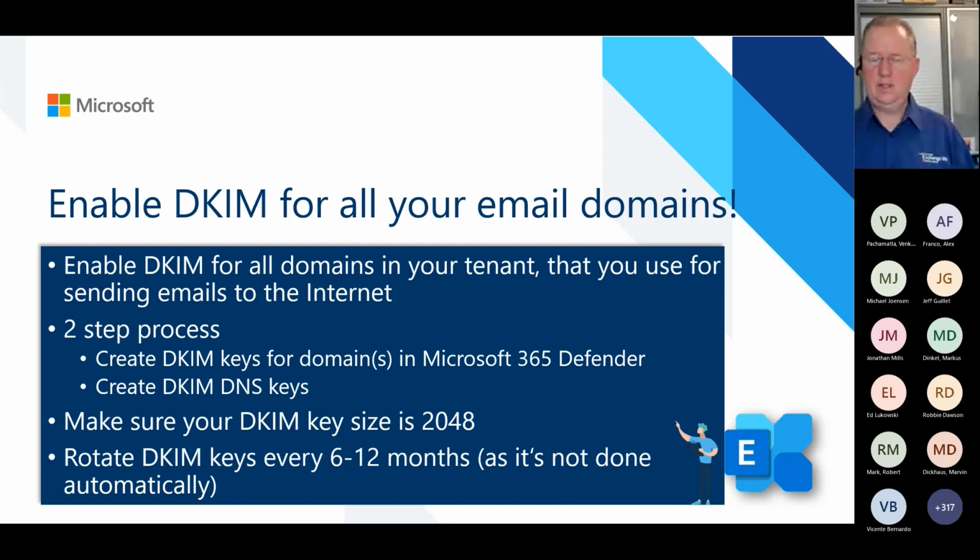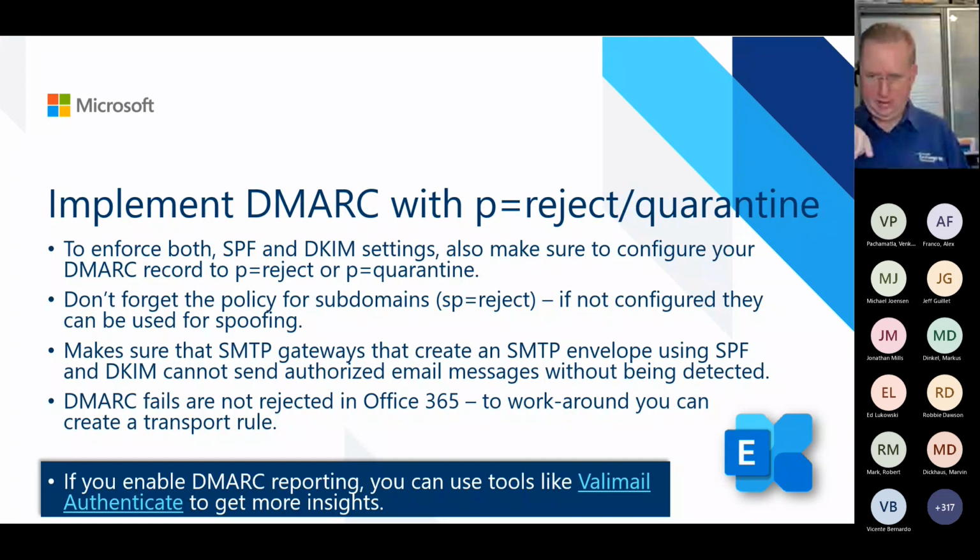So that's about DKIM. And now we come to the complete picture. In order to make sure that everybody is respecting your SPF and DKIM settings, you also need to implement a DMARC policy. DMARC is Domain-based Message Authentication, Reporting, and Conformance.